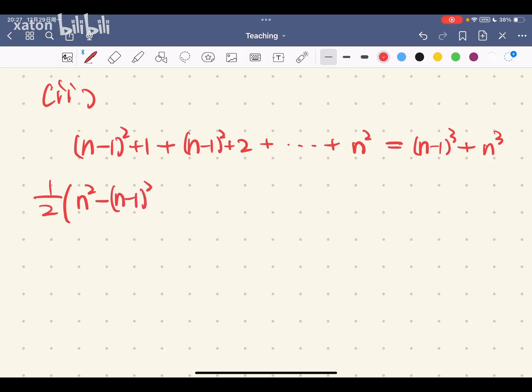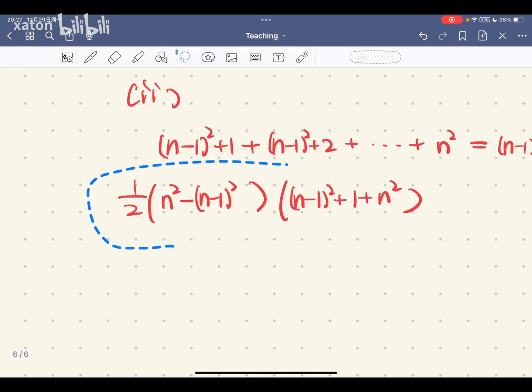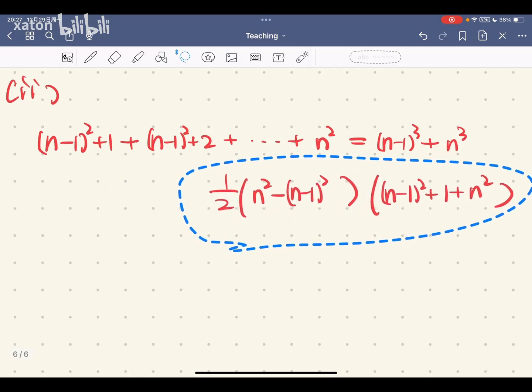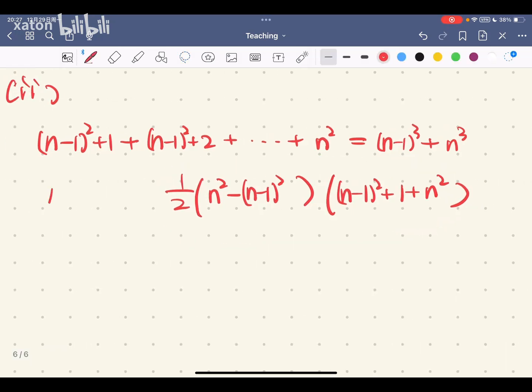So we get the 1 cancelled out, no constant here. And we have n minus 1 squared plus 1 plus n squared. This is the left-hand side. Our mission is to prove it is equivalent to the right-hand side.